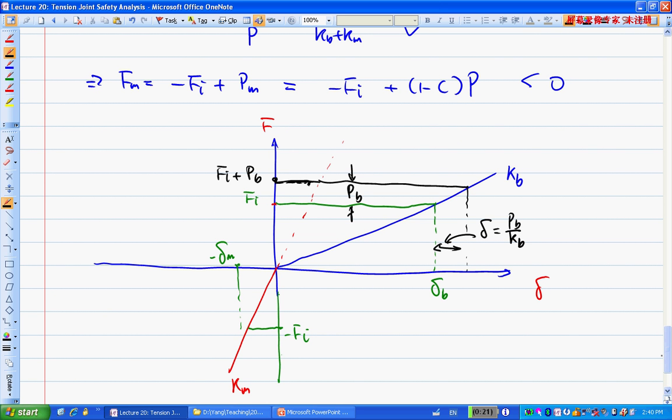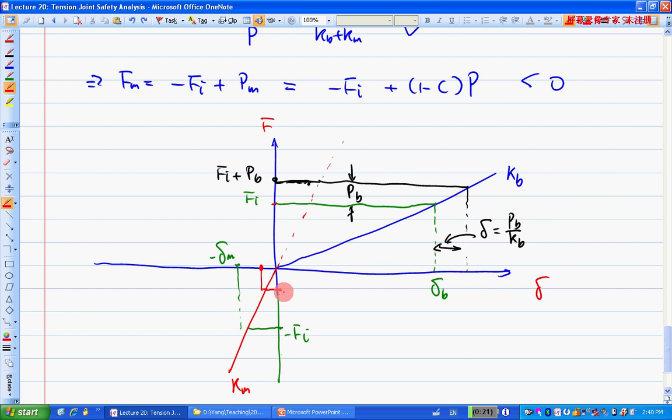At the same time, a portion of the load PM is taken by the member. For the member, the original compressive force is Fi, and PM is tension, so you have a reduced compressive force here. So now you end up here, and this location corresponds to this much deflection.